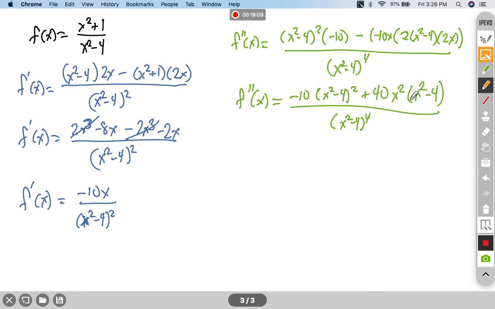And look, we got an x squared minus 4, x squared minus 4. We can factor one of those out, so I don't have to square it there. So I got negative 10 times x squared minus 4 is negative 10x squared. Negative 10 times negative 4 is 40, plus 40x squared, all over x squared minus 4 cubed.